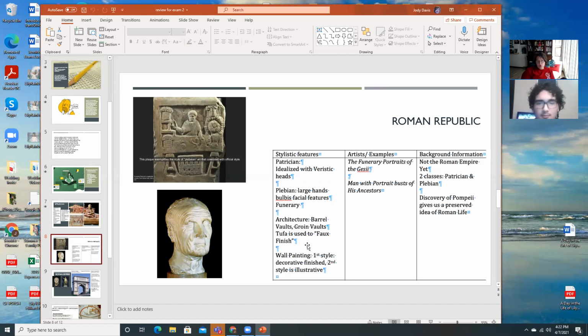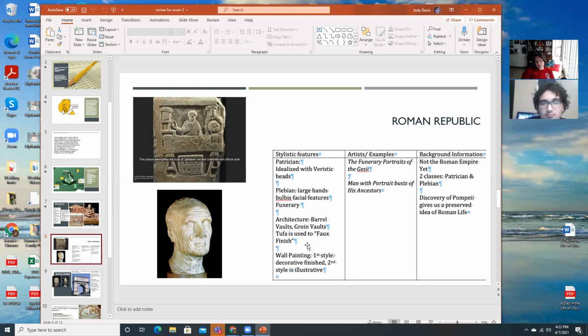The social class structure is divided into patricians versus plebeians. The patricians are really the top 10% of society. They're born into the station that they live in.